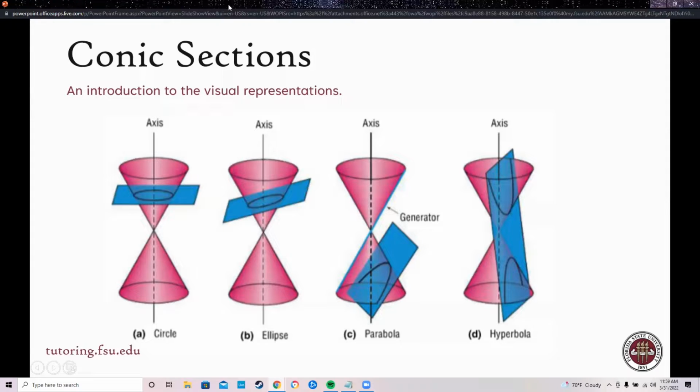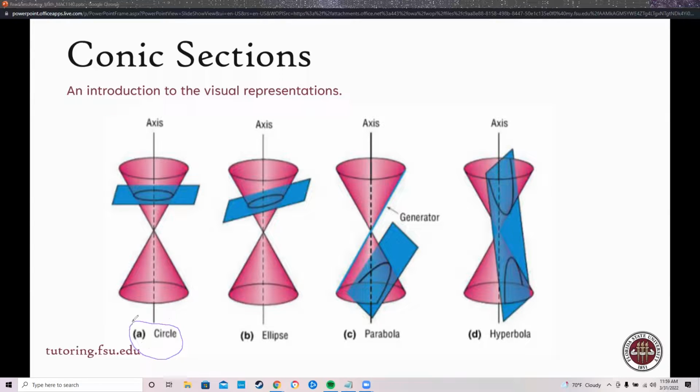So as I said, a conic section is when you're taking a planar slice of a cone. The way that these graphs relate to the conic section, you can kind of see through these pictures. A circle is given when you take a planar slice directly even and perpendicular through the cone, like so.